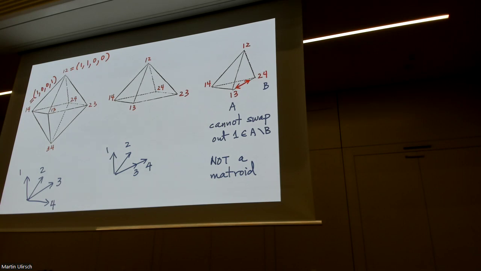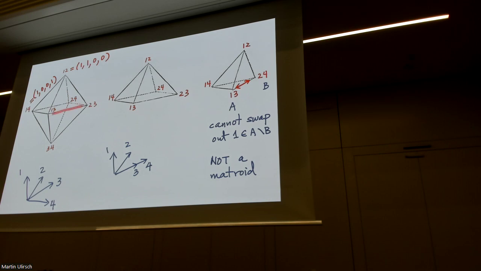And then you can see the basis exchange axiom. So if you take two bases, and you want to swap out one element and get closer to the other one, right? Then if you can replace 1 with 2, you can go to here and get closer to 2, 4.